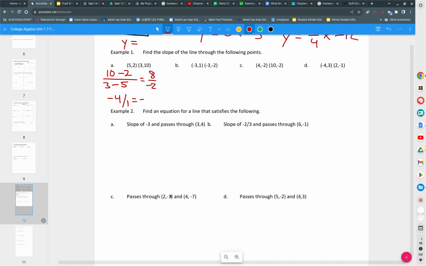If you were to write negative 4, that's fine. If you write negative 4x, that is not fine. X is not part of the slope. The slope is a number. It is a real number. So not 4x, okay? Go ahead, do B, C, and D. See if you can come up with the slope in those situations. Go.